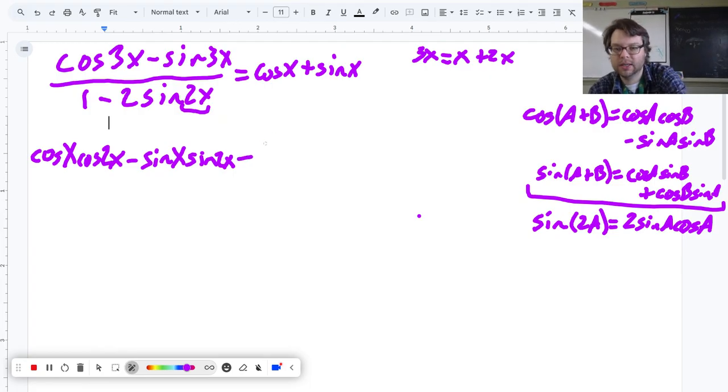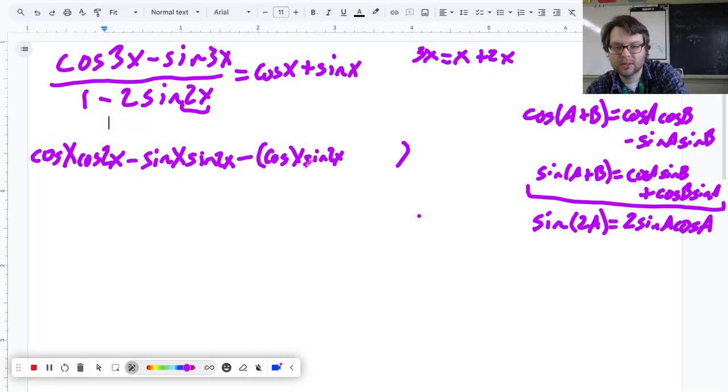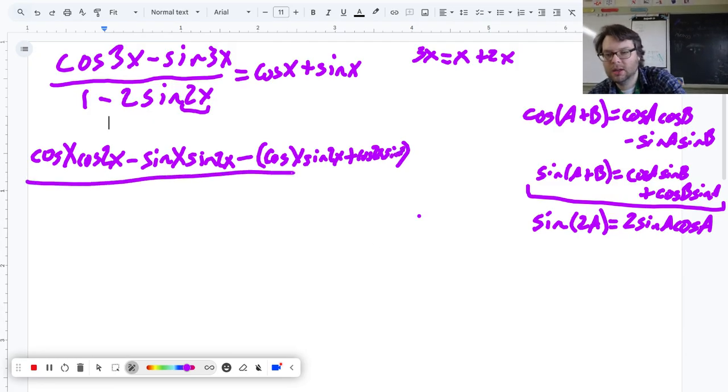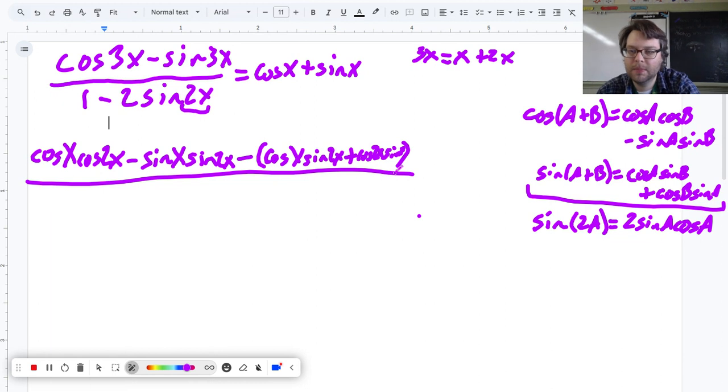So I'm going to subtract, and I'm going to use the sine addition formula, where I have cosine x sine 2x plus cosine 2x sine x.